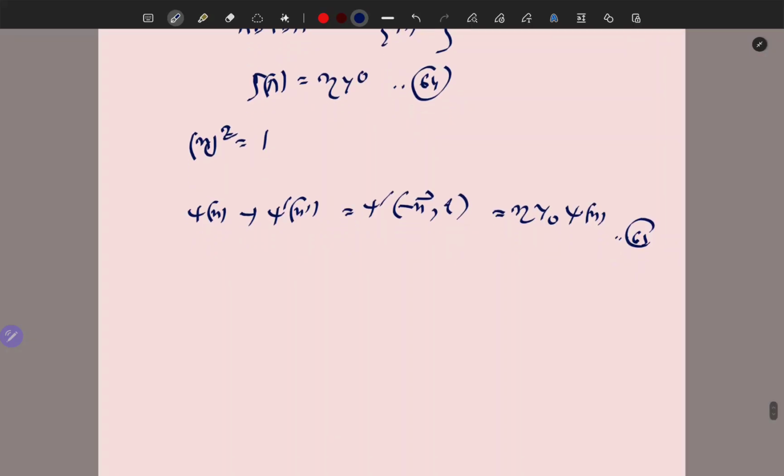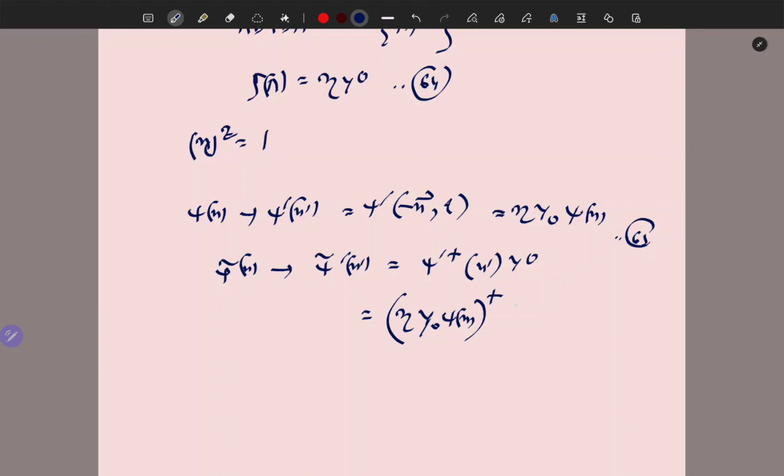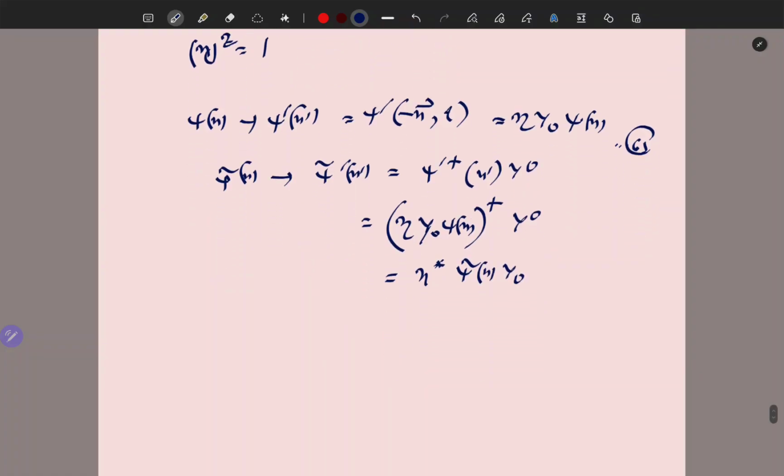The transform of ψ̃(x) follows from the above: ψ̃(x), which is ψ̃'(x'), equals ψ'†(x')γ⁰, which is (ηγ⁰ψ(x))†γ⁰, which is η* ψ̃(x)γ⁰.